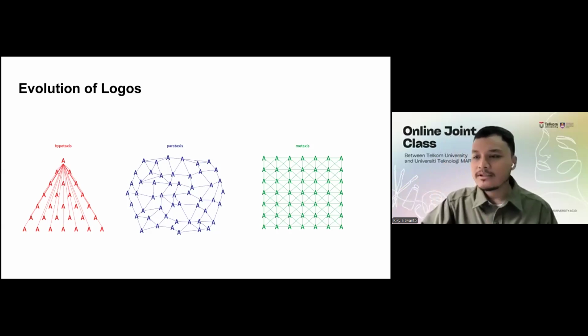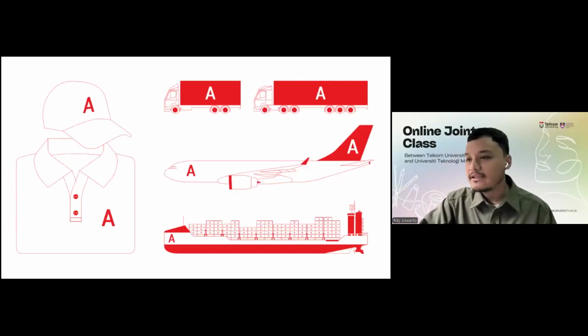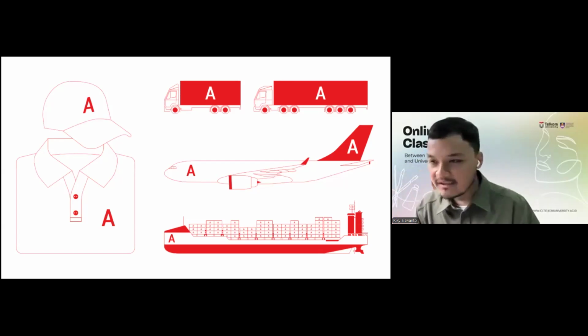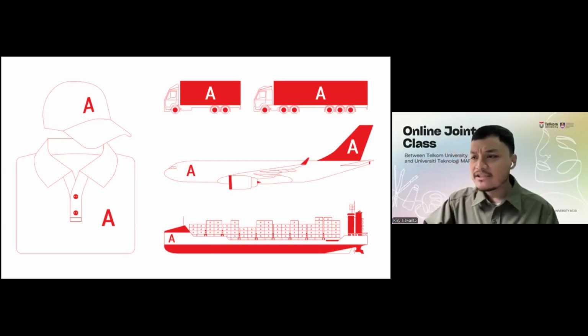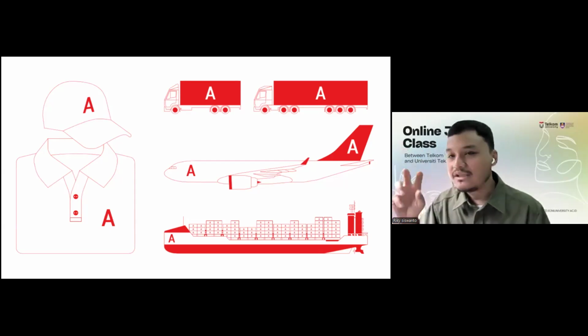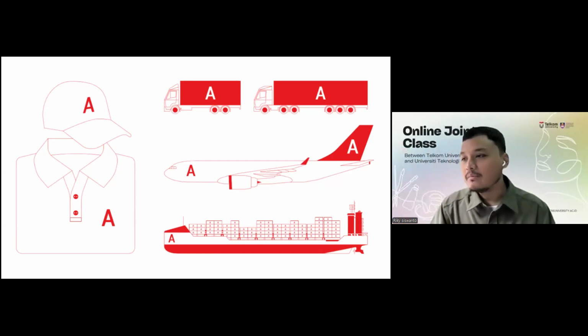So to be more clear, this one is hypotaxis, which is consistent. It's all about consistency, all about similarities. The logo should look like that, shape like that, same color, never change, consistent, easy to be recognized. But it's usually relevant to less digital companies or products, because they are usually printed or put on airplanes or everywhere.